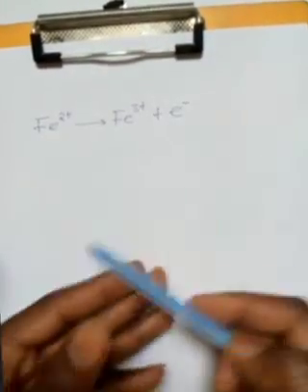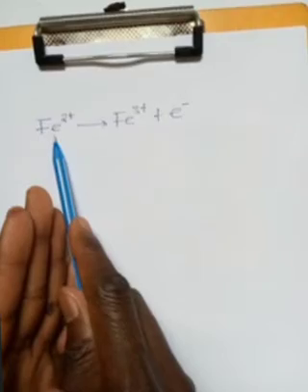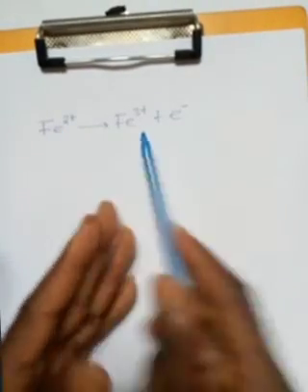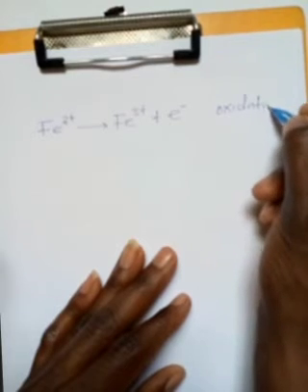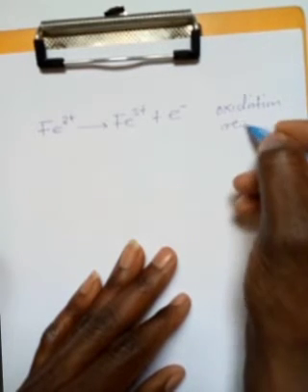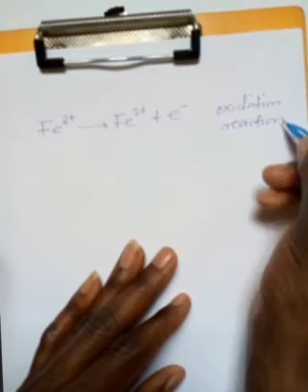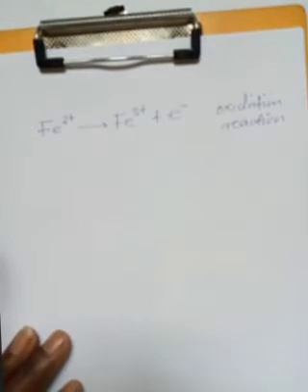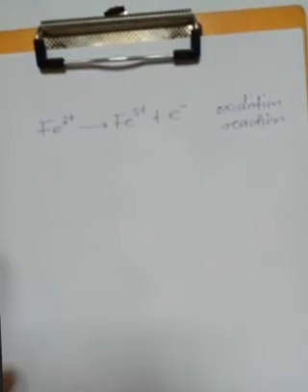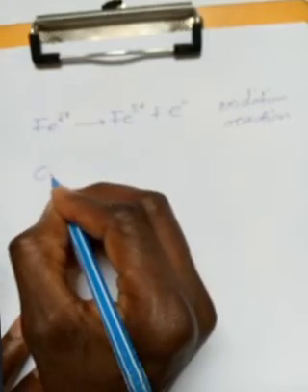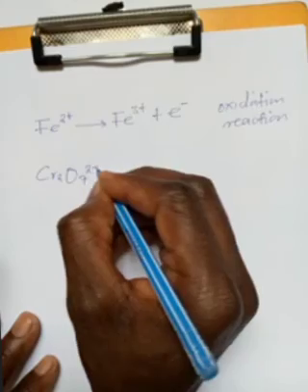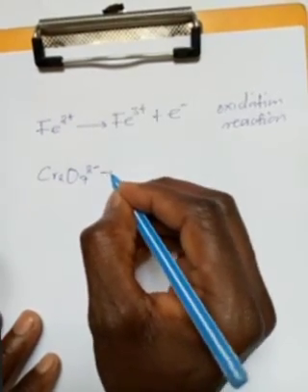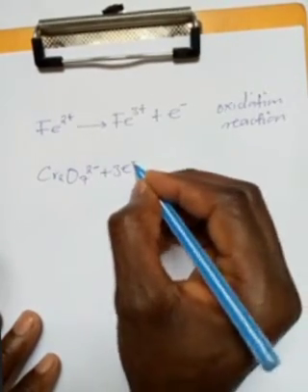This is an oxidation reaction because there is an increase of oxidation number from 2 to 3. Okay, we go to the other half reaction, Cr2O7 2 minus. We have 3 electrons that were gained.